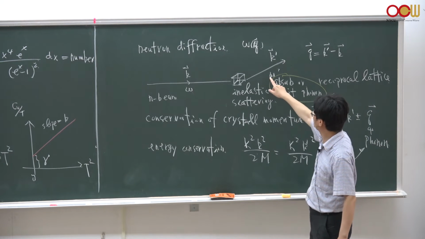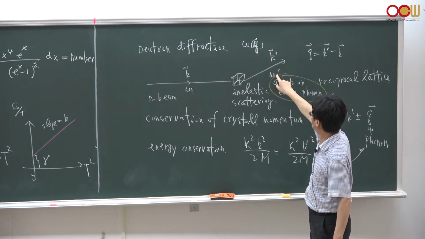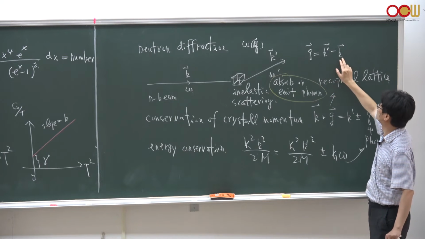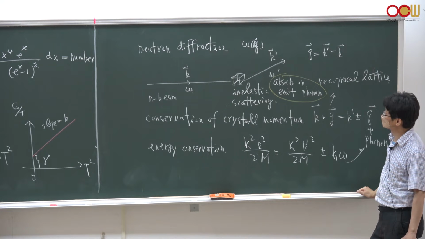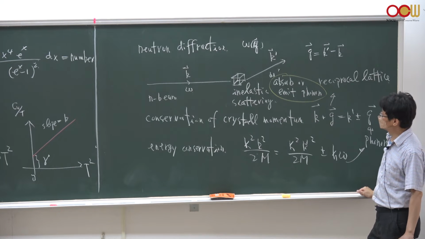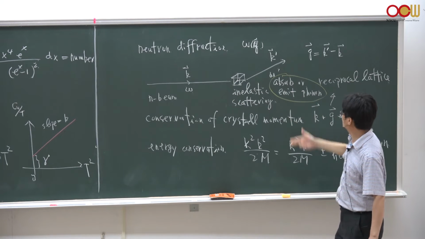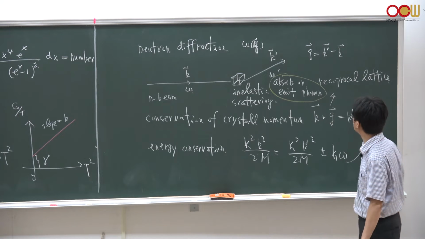The outgoing neutron beam carries frequency omega prime and momentum k prime, and there is a momentum transfer between the incoming and outgoing momentum, which is defined as q. And this neutron beam can absorb or emit a phonon during this inelastic scattering process.